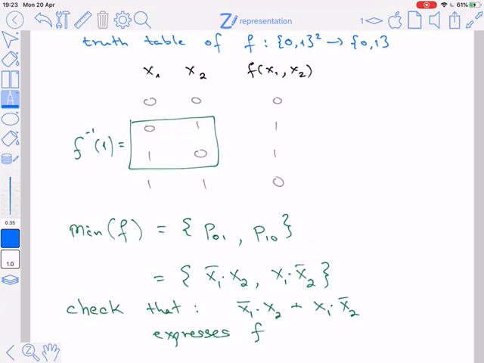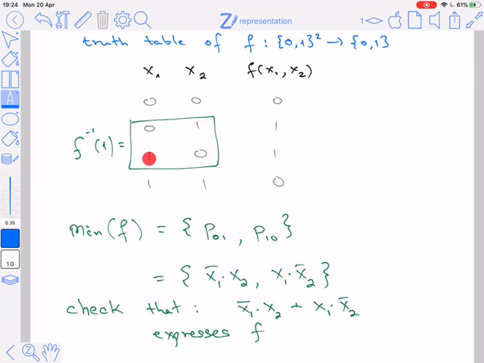So, the minterms of f are the minterm that corresponds to this row, 0, 1, and the minterm that corresponds to this row, 1, 0. Now, the minterm that corresponds to 0, 1 is the negation of x1 and x2, because x1 has to be negated and x2 is not negated. Let's look at P of 1, 0.